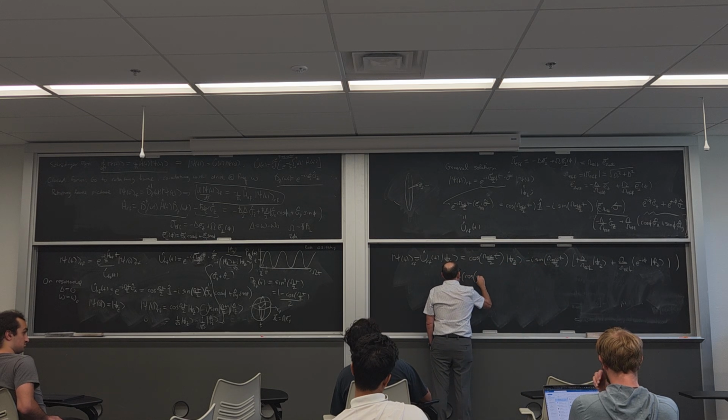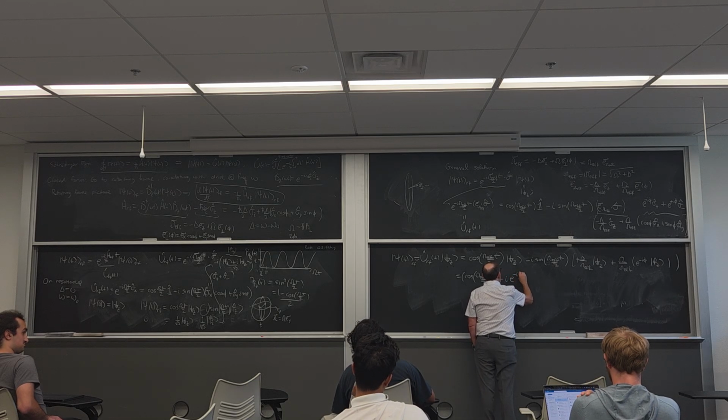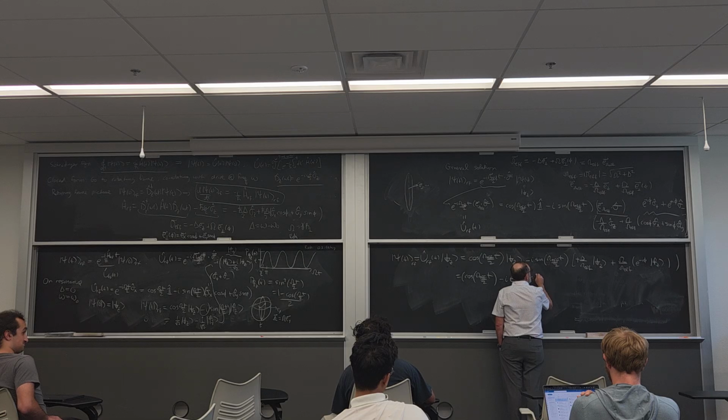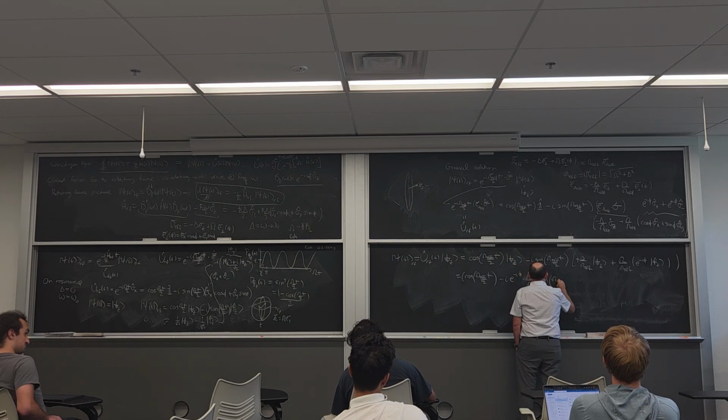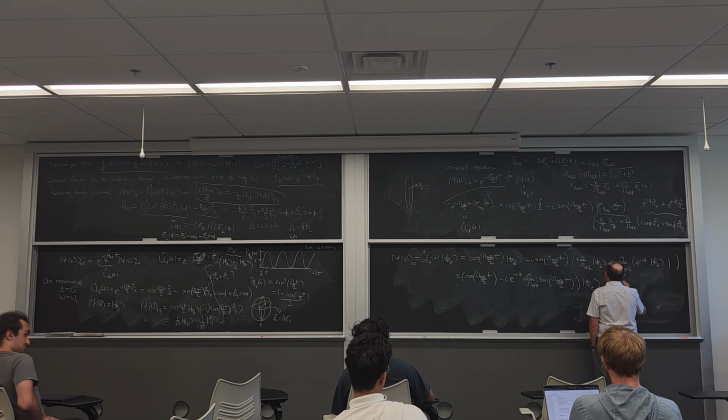I have cos omega effective t over 2 minus I e to the minus I phi, I don't know what this is, omega over omega effective sine omega effective t over 2 spin down, minus I e to the, let's see, did I get that right?